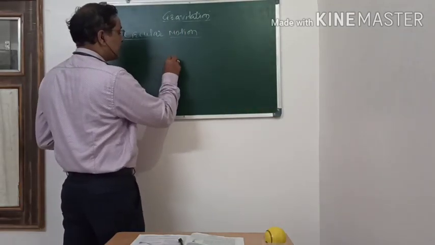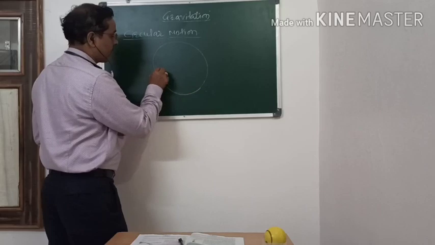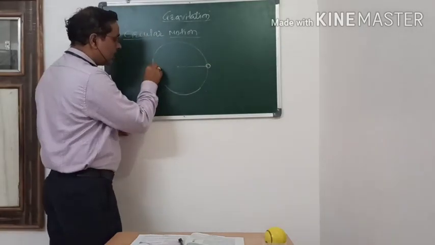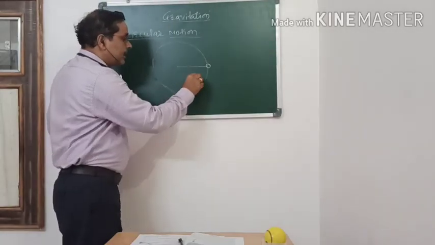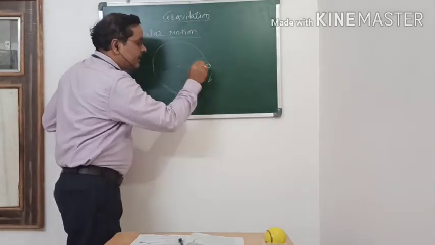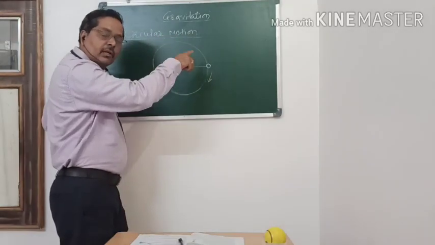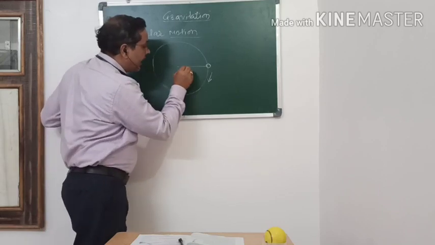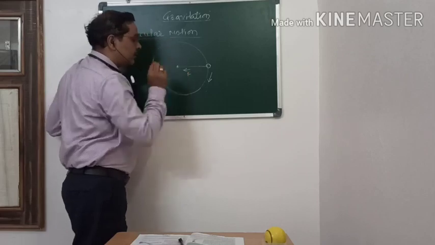Let us see. Suppose this is a ball. It revolves in this direction, so it revolves in a circular orbit, and the direction of force is towards the center of that circle.